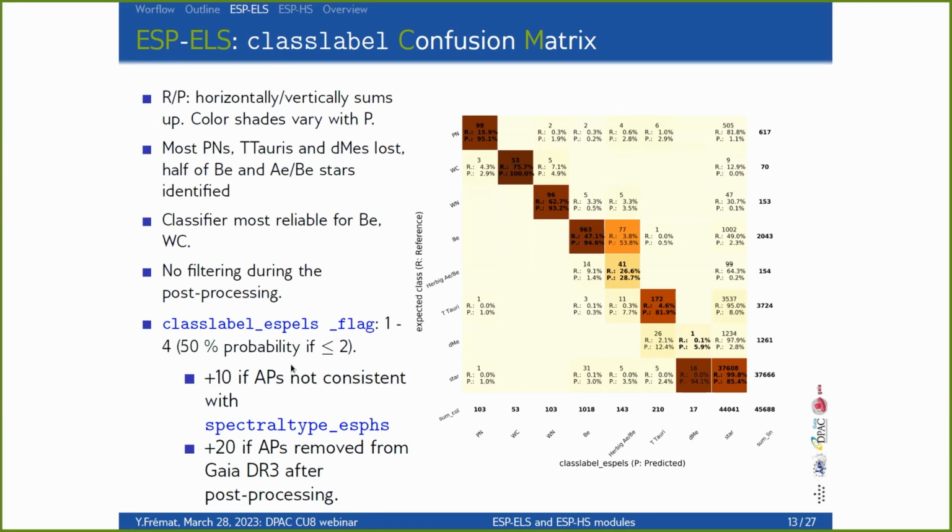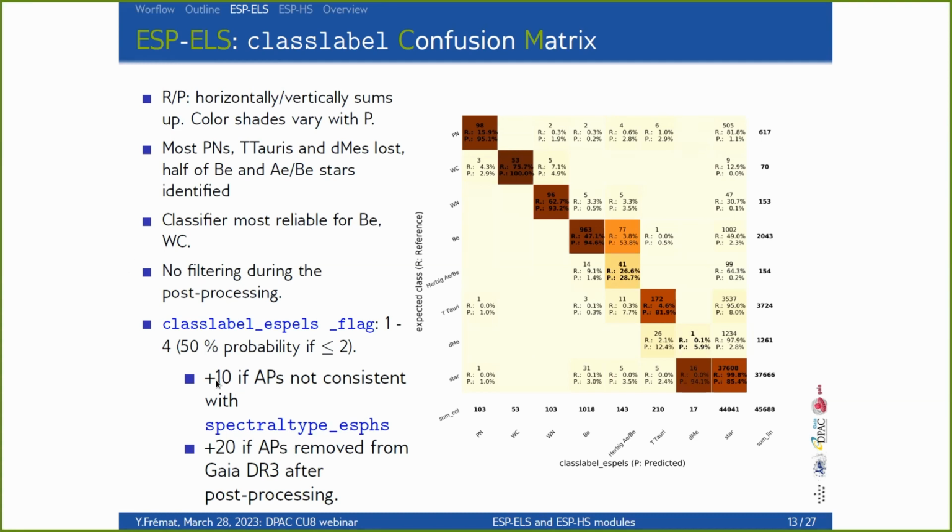Yeah, so we didn't post-process the results. We kept all the results, but instead we use this quality flagging in order to identify the different cases where the labeling can go wrong.